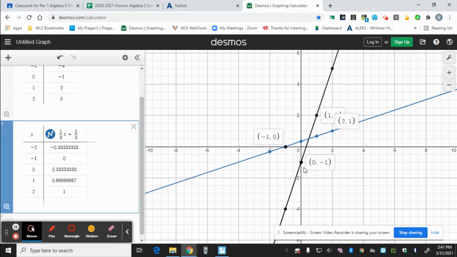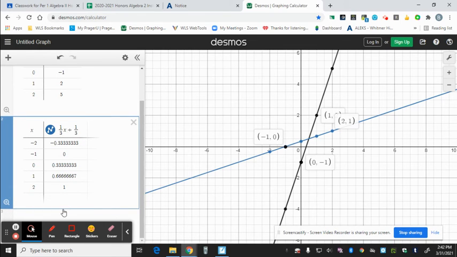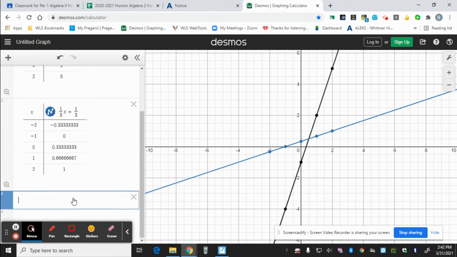Do you notice that this point that is on the original function, its coordinates are the reverse of what you see on the inverse? And look at these 2 points here. They're kind of like mirror reflections of one another, aren't they? 2, 1 and 1, 2. Well, that's interesting because an inverse is a reflection along the line y equals x.